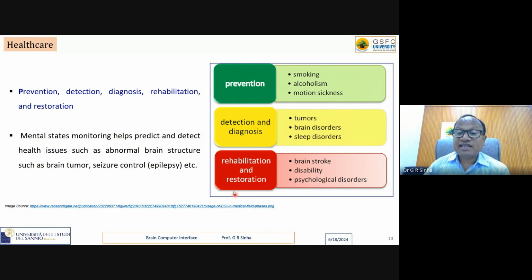So why rehabilitation and restoration? That can be corrected. How can it be corrected? I think whatever I have explained now, you can understand to some extent. There are persons who do not have a phobia of height, and persons who do not have any fear of darkness.